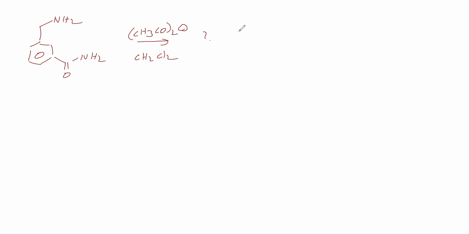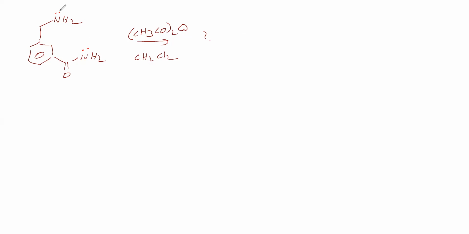Now acetic anhydride means here NH2 group is there, therefore acetylation is possible. So which NH2 group will go for acetylation? This one, otherwise this one. That we'll see. Now here lone pair is available.